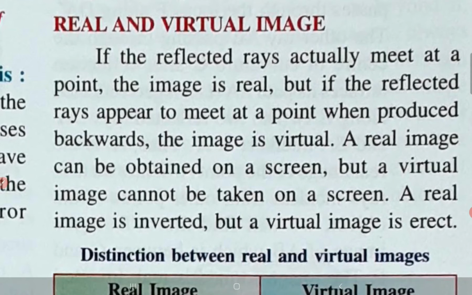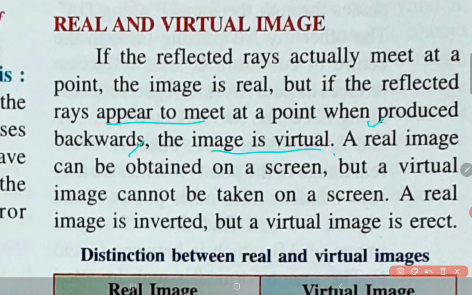But if the reflected rays do not meet, like in case of a convex mirror, the rays were going away, so they will never meet, but they appear to come from one point. In this case, the image created by producing those rays backwards becomes virtual.